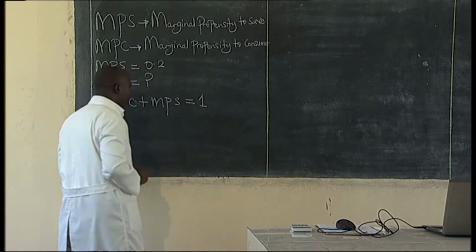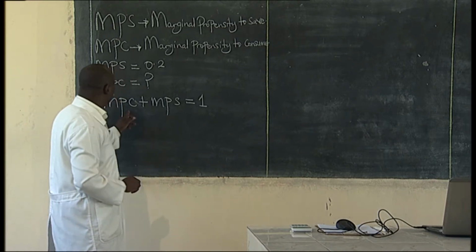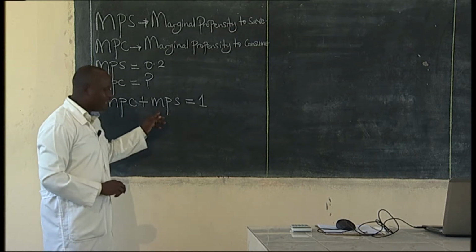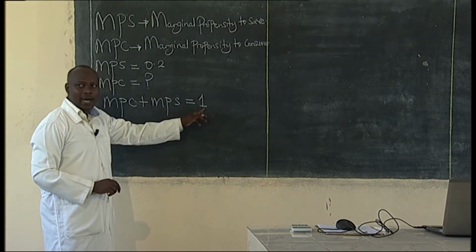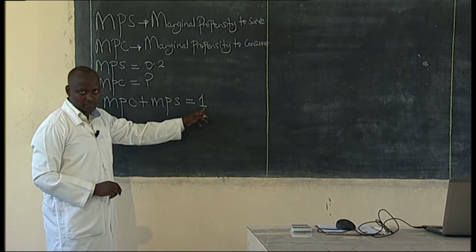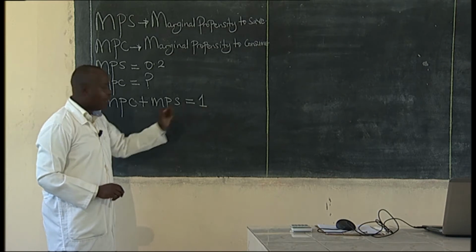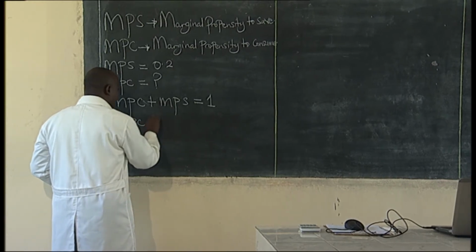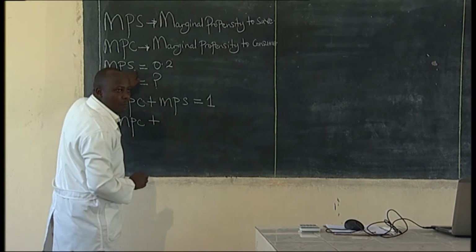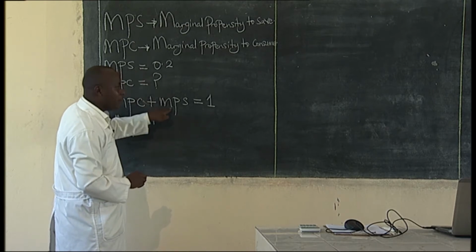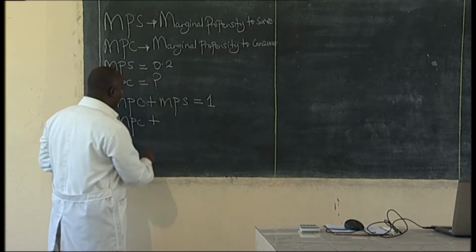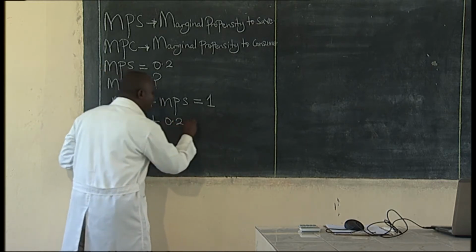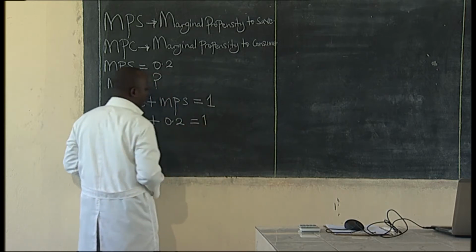And 1 represents income. So it will be marginal propensity to consume plus marginal propensity to save, which is 0.2, equal to 1.